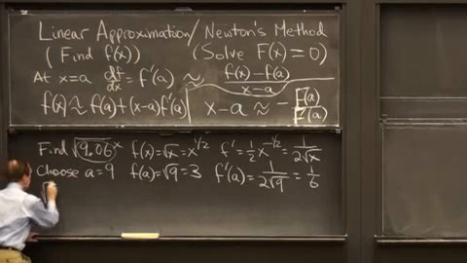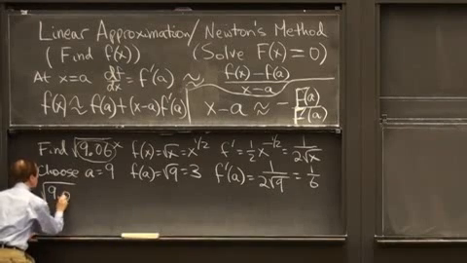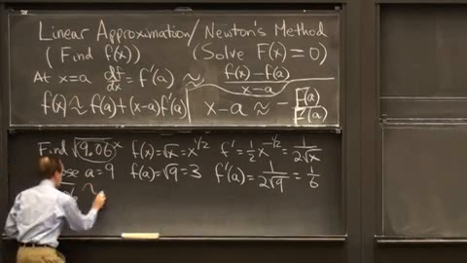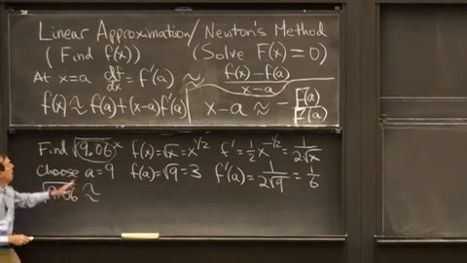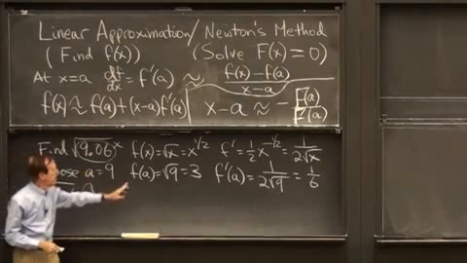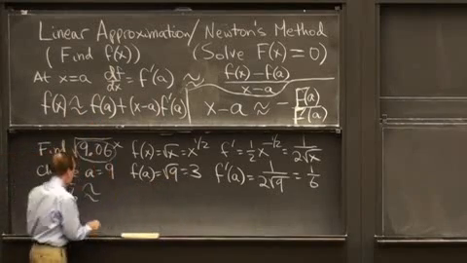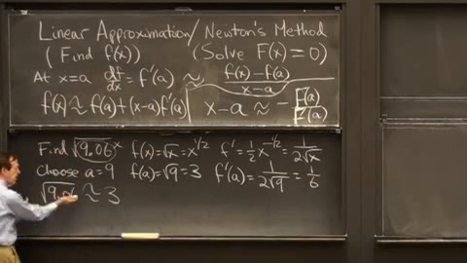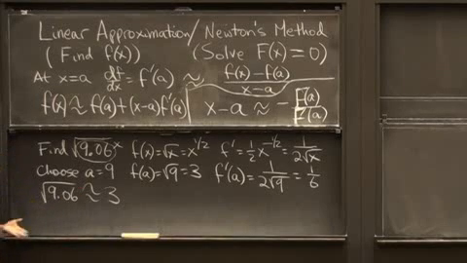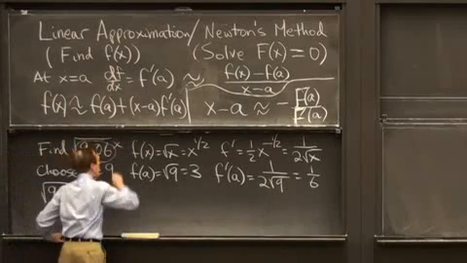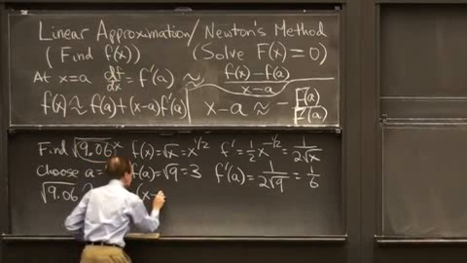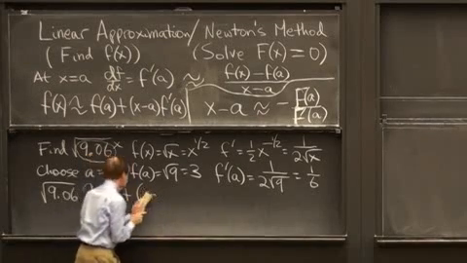So the square root of 9.06, that's my f of x, is approximately f at A, that's the square root of 9, that's the 3. So far reasonable. That's the approximation I start with, just using the 9. But now I'm improving it by the difference x minus A. Oh, well, what is x?